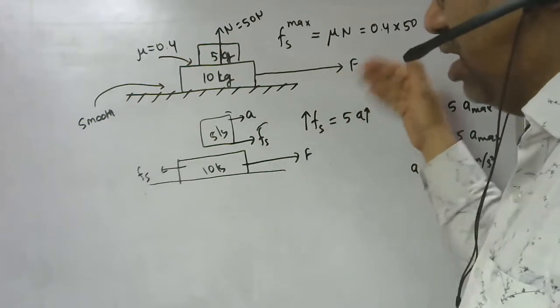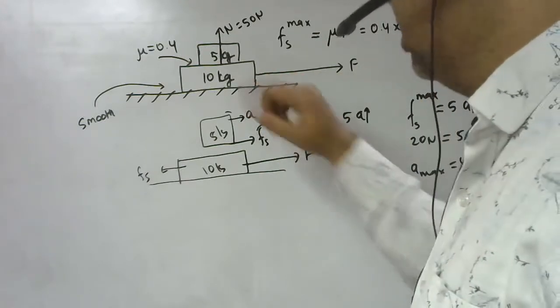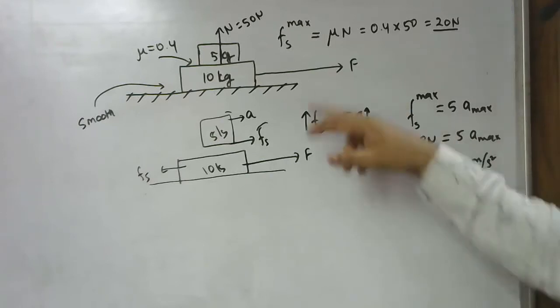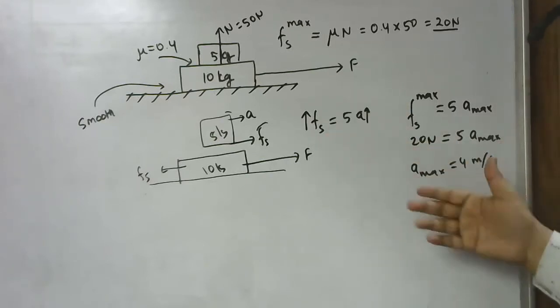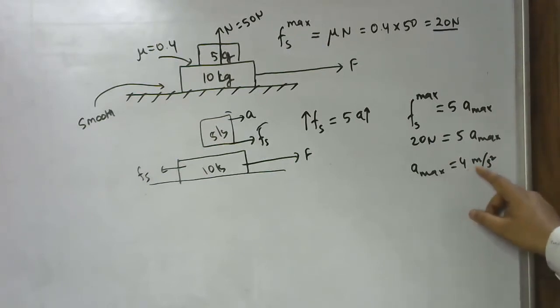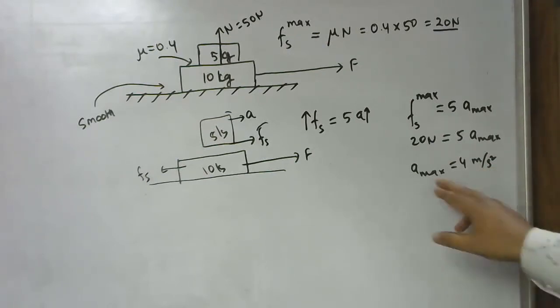If we keep on increasing the external force, its acceleration will also increase, but the 5 kg block will be at the mercy of friction only. So it cannot have more than 4 meter per second square acceleration, that is the maximum acceleration it can have.